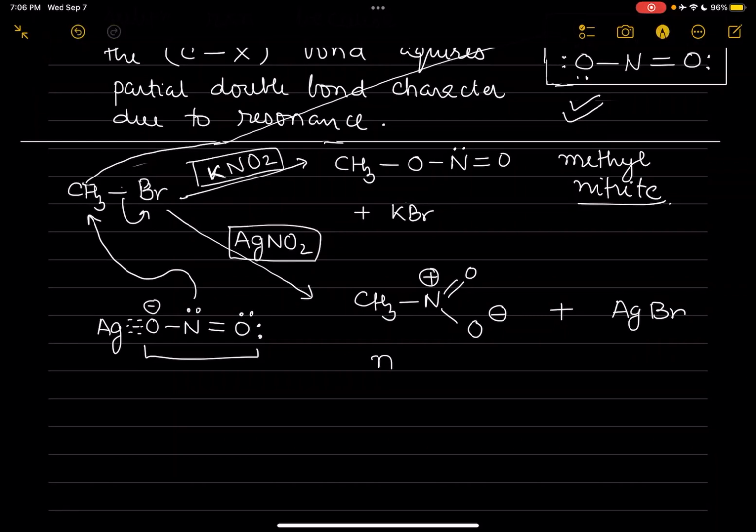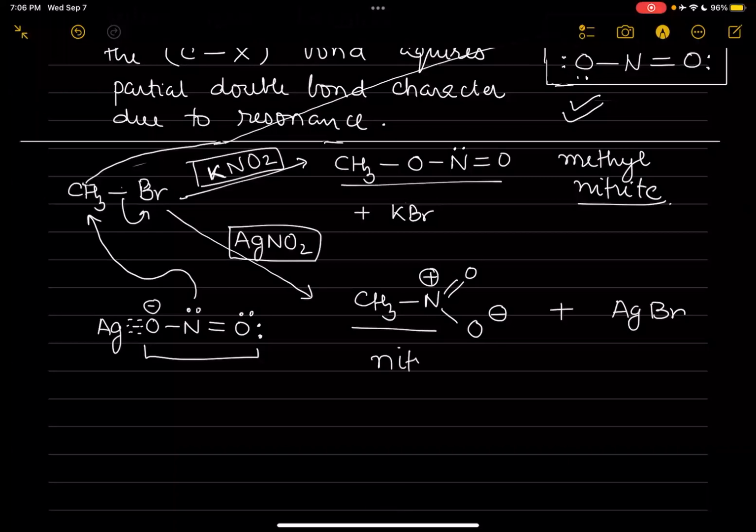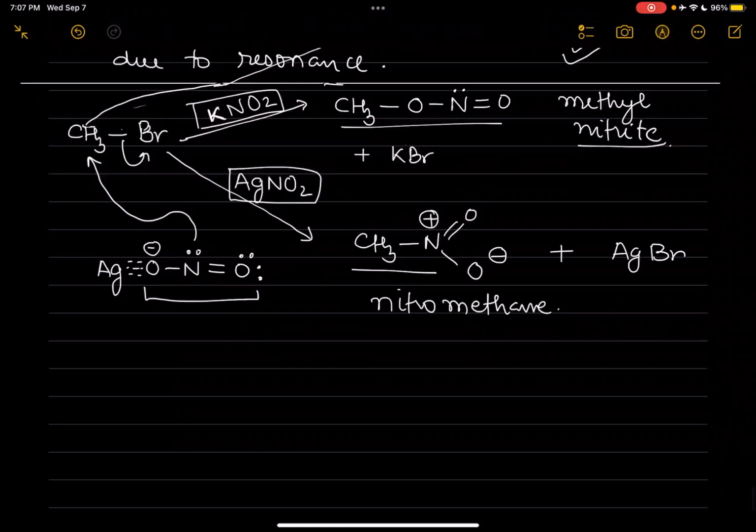In the first reaction, this will form. And if you take CH3Br and react it with AgNO2, this will form. And this is known as nitromethane. Is it clear? Yes, sir.